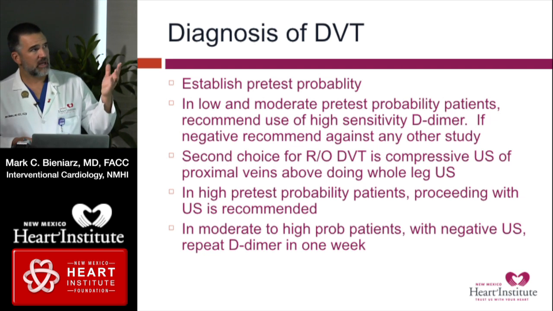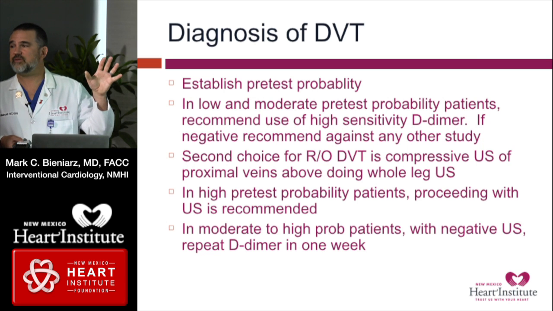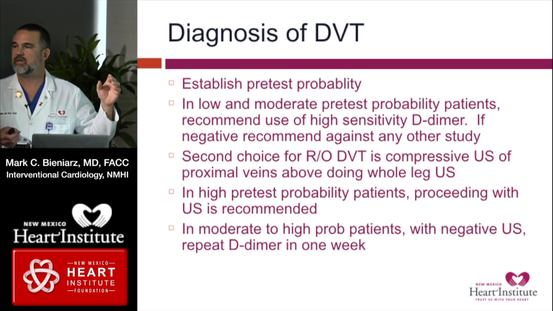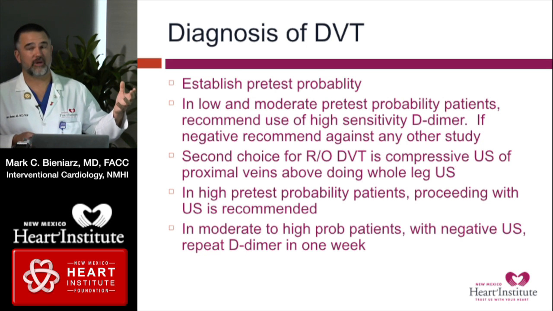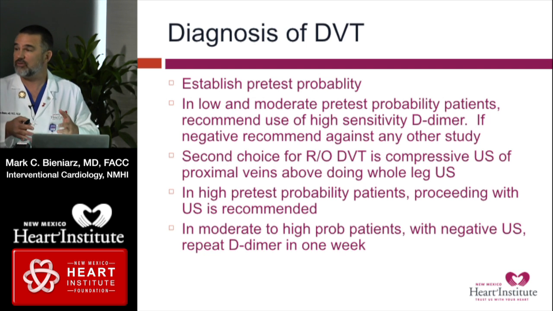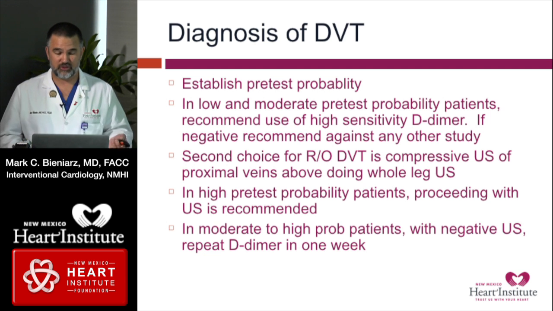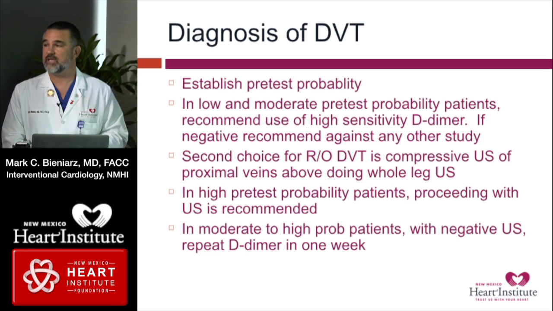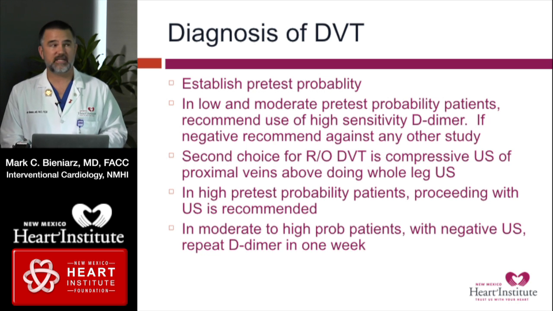But to really make a diagnosis of DVT, just like with any test, you need to establish the pretest probability to establish how accurate a diagnostic study is going to be in the diagnosis of a condition. Okay, so you establish your pretest probability. What are the risk factors? Is this a patient who is a smoker on oral contraceptives? Is this a patient with an underlying malignancy?